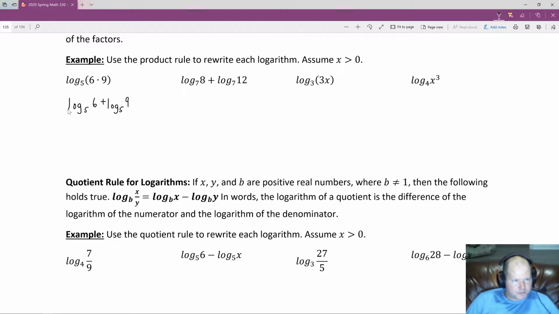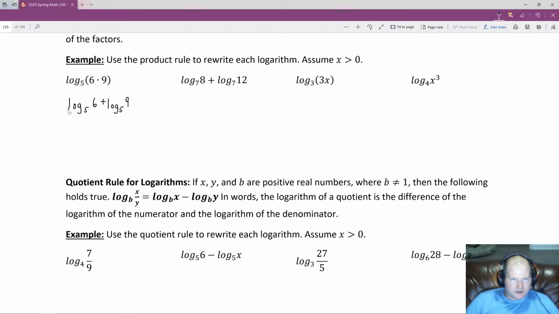So logarithm base 5 of 6 times 9 is the logarithm base 5 of 6 plus the logarithm base 5 of 9. And that's it. Let's move on to the next one.